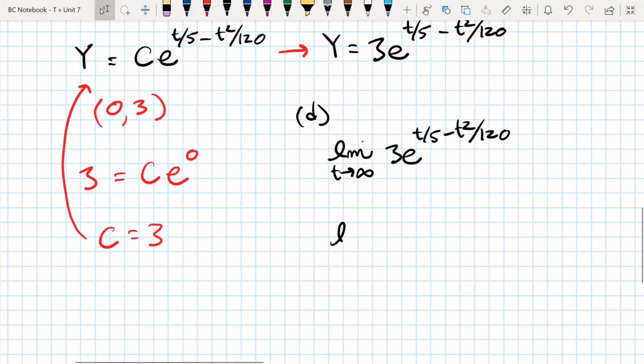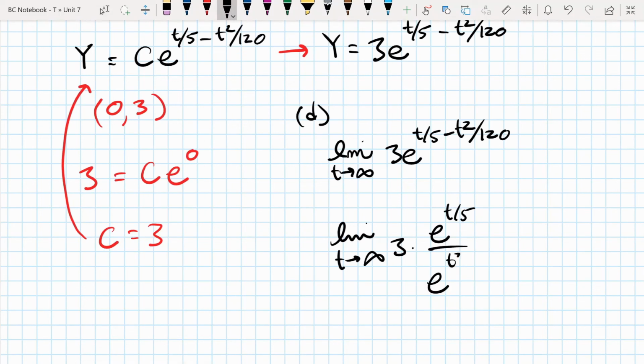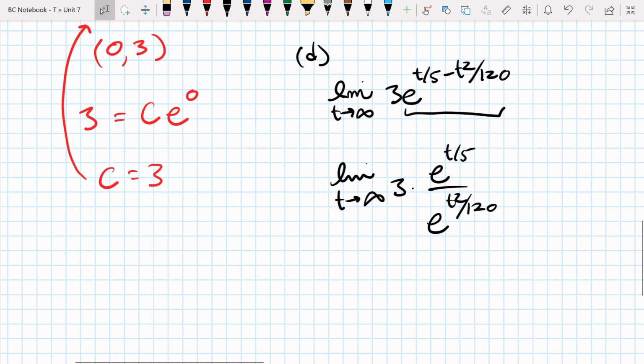We can rewrite this as 3 times e to the t over 5 over e to the t squared over 120. You can break this apart. Now we're going to plug in infinity. This is a little sloppy, but I don't want this video to go too long. If we plug in infinity, we end up with a higher degree term in the denominator, so this will tend to 0, and that's our final answer.